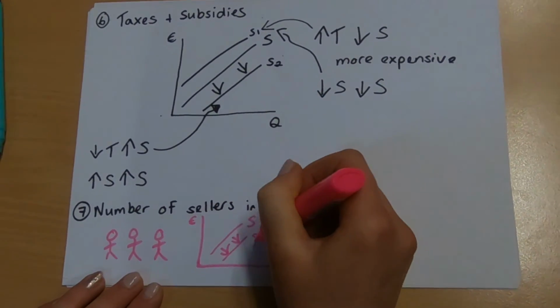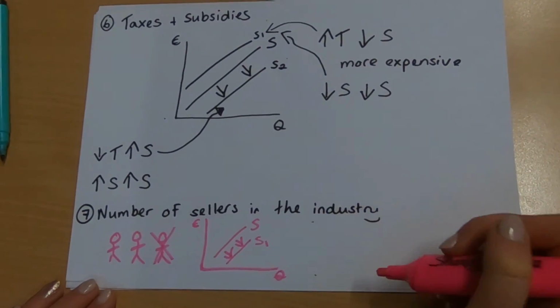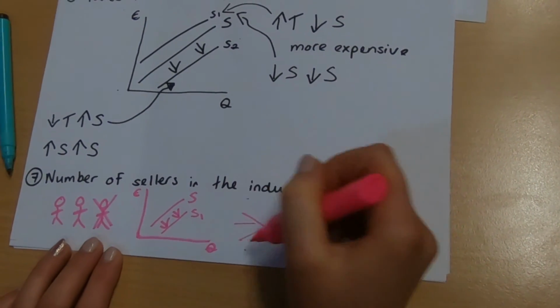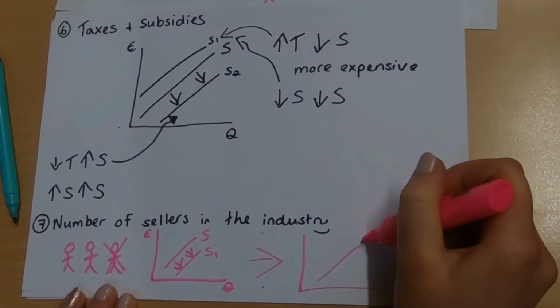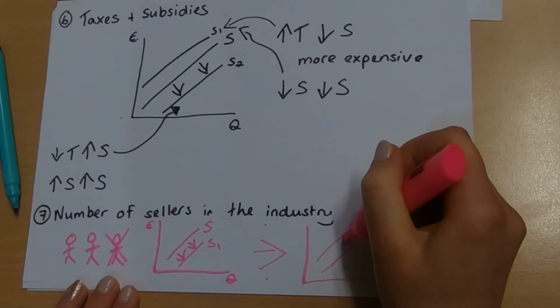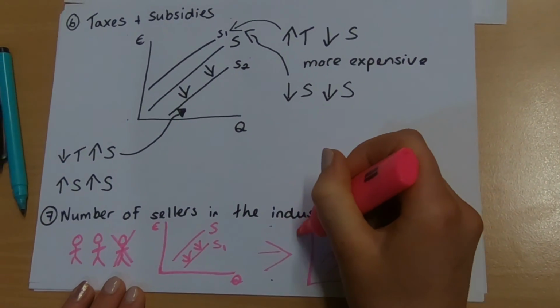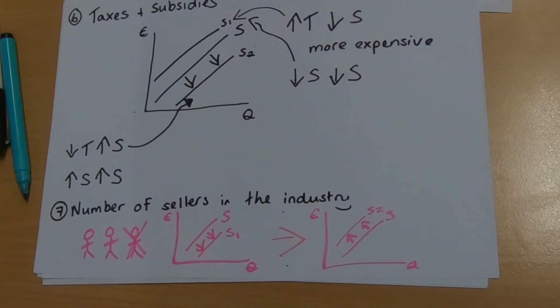However, if this one decides to leave the industry, then the quantity supplied is going to decrease, as there'll be fewer firms producing goods. And that is supply.